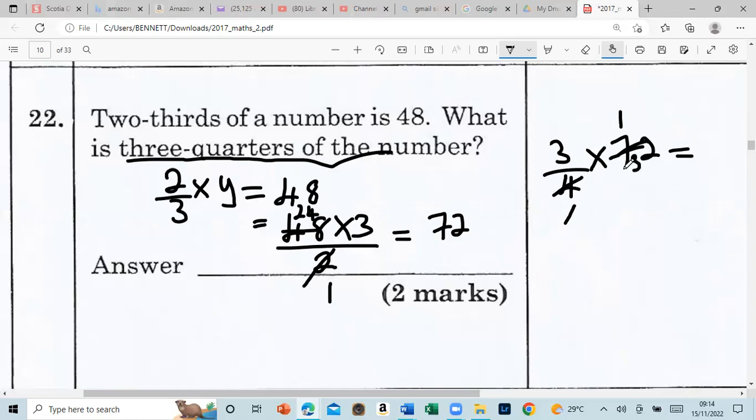So that will give us 32. 4 into 32, 8. So 8 times 3 is 24. So our final answer would be 54. So 3/4 of the number is 54. Very nice question, Trinidad and Tobago. I salute you. Thanks to all the persons from Trinidad and Tobago. You guys watch my videos more than Jamaicans. I appreciate it, alright?